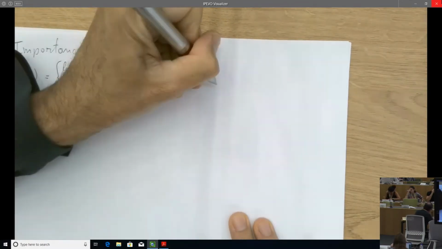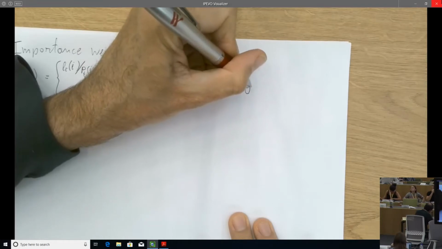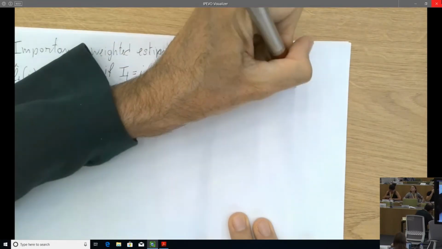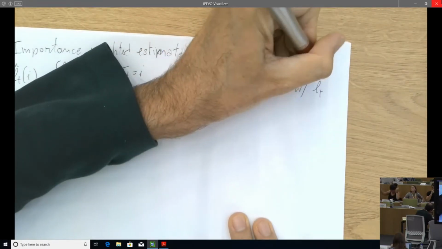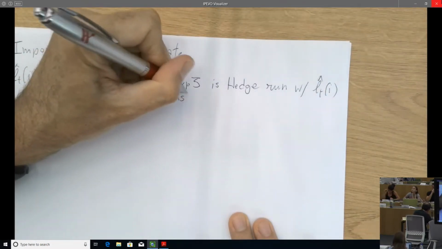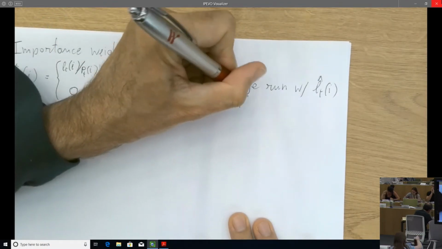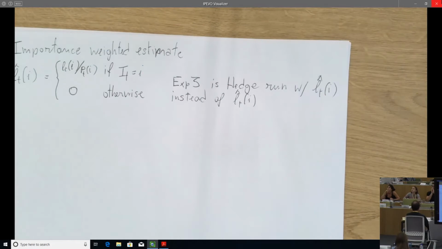Okay, so now I will call EXP3 the algorithm Hedge run with these importance weighted loss estimates instead of the true losses, which I don't observe. And EXP3 is an algorithm that was introduced in the mid-90s.